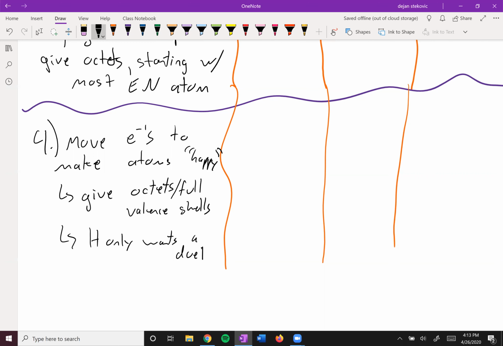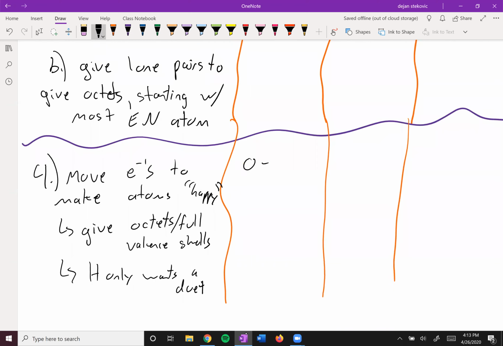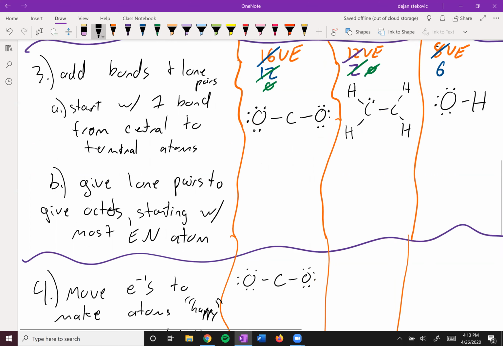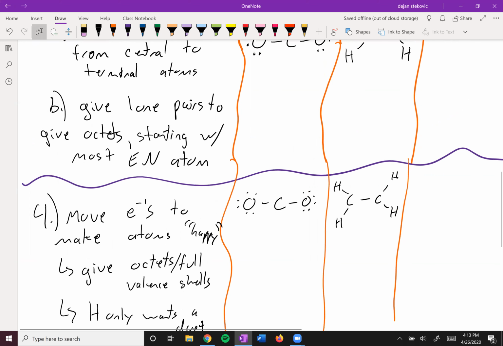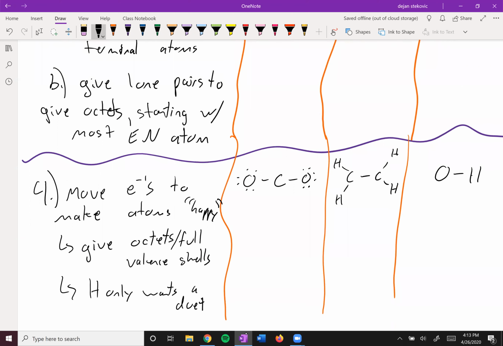So let's redraw our pictures that we had above. And then look for things that don't have an octet. This carbon right here doesn't have an octet. So let's move one of the lone pairs into a bond. And if we do that, then carbon will have 3 bonds.